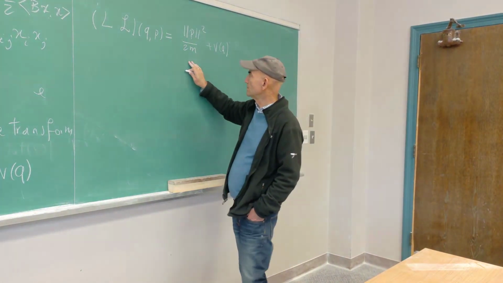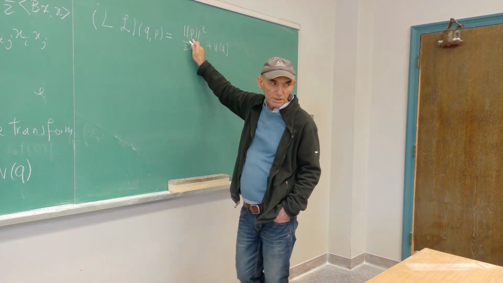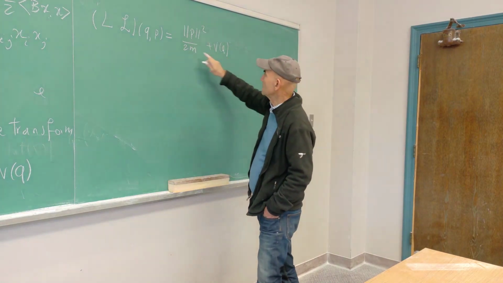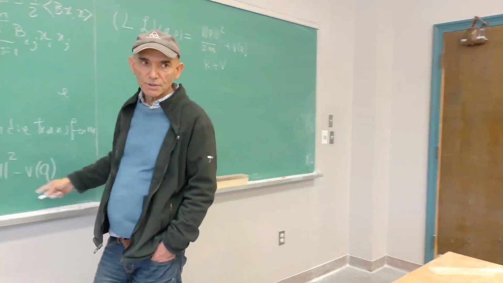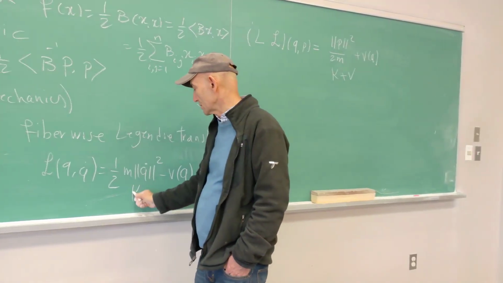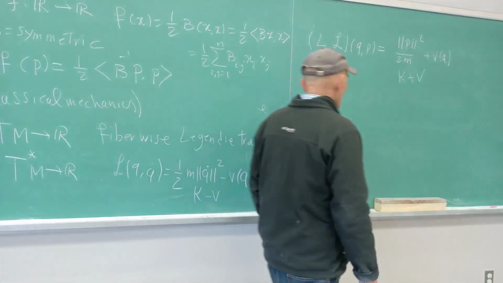So this is kinetic energy written in momentum terms, plus potential. This is kinetic plus potential. This is kinetic minus potential, which is the Lagrangian, K minus V.